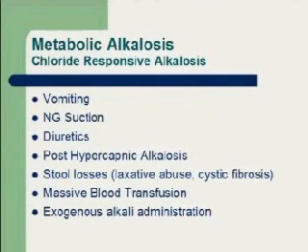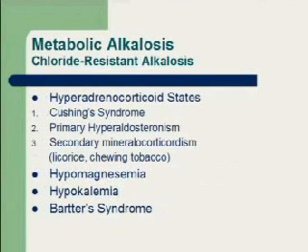Chloride responsive alkalosis: vomiting, NG suction, diuretics, post-hypercapnic alkalosis, stool losses, laxative abuse, cystic fibrosis, massive blood transfusions, or exogenous alkali administration. Metabolic alkalosis, chloride-resistant alkalosis, hyperadrenocorticoid states such as Cushing's syndrome, primary hyperaldosteronism, secondary mineralocorticoids, use of licorice and chewing tobacco, hypomagnesemia, low magnesium levels, hypokalemia, or Bartter syndrome.